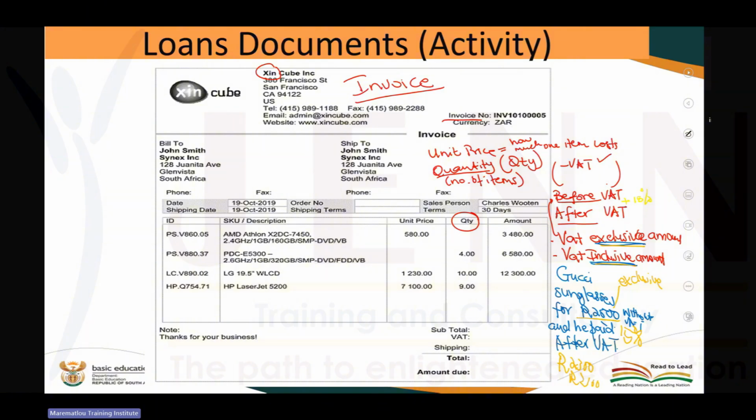So this, after VAT, will be 2,875. And 2,875 is more than 2,500, because now this is a VAT inclusive amount.